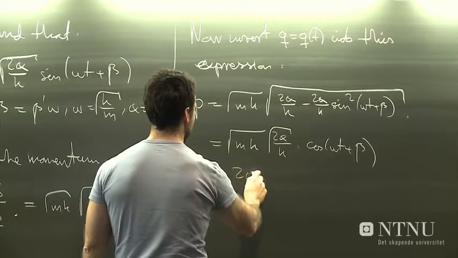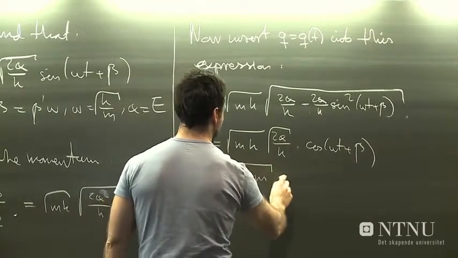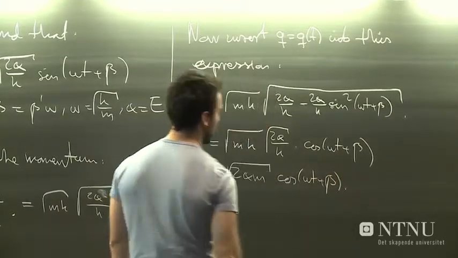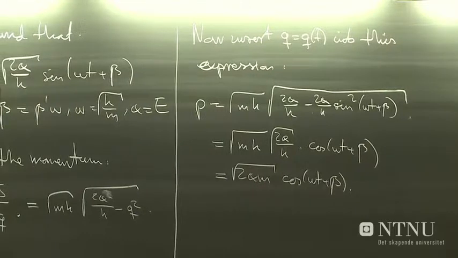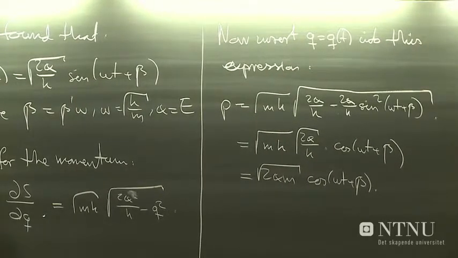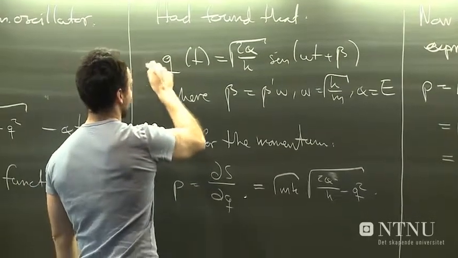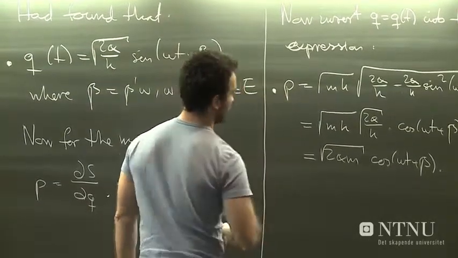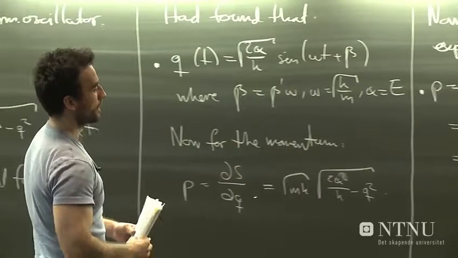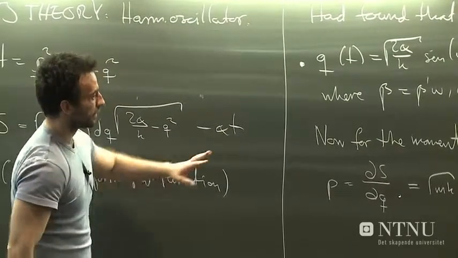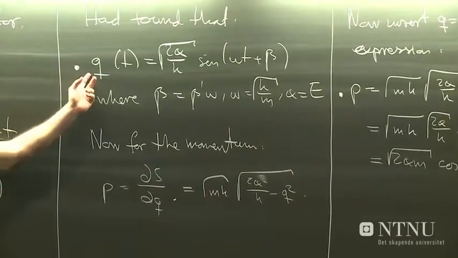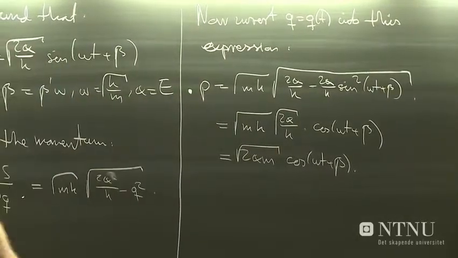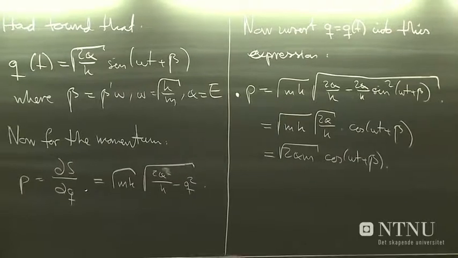So the final result is this. And so by now we have identified the time dependence of q, the spatial coordinate, and the canonical momentum, and so we have solved the problem.